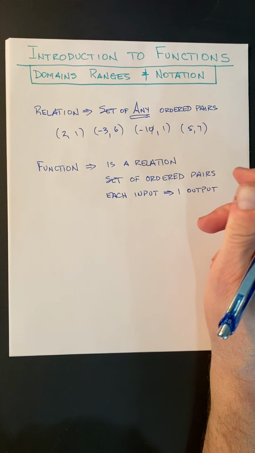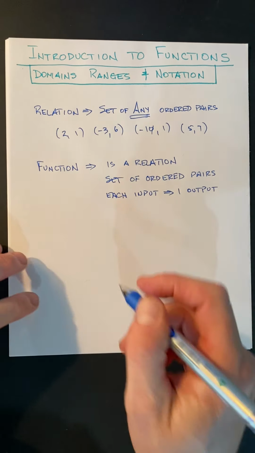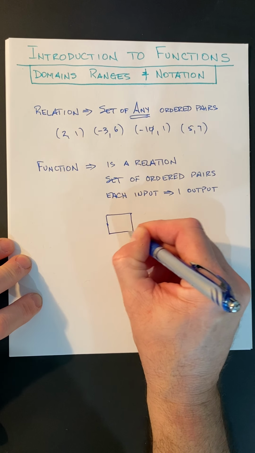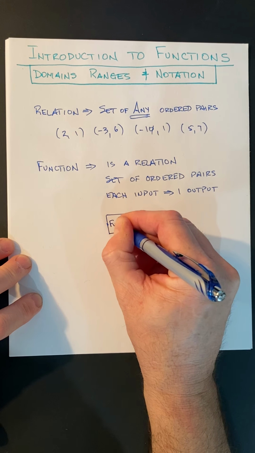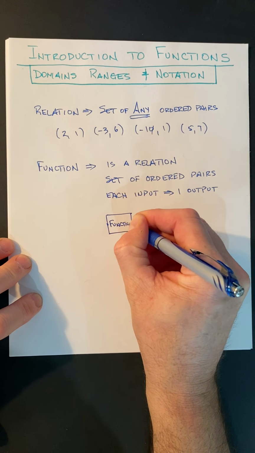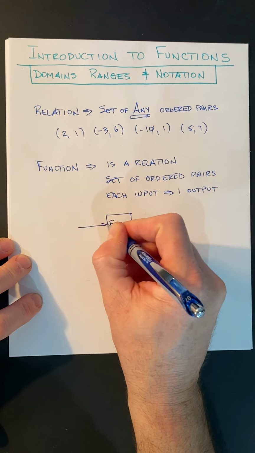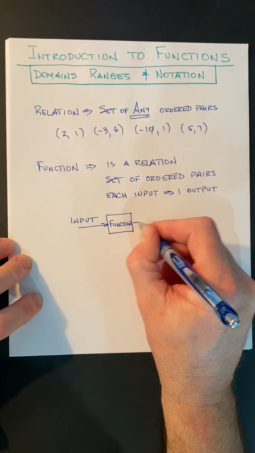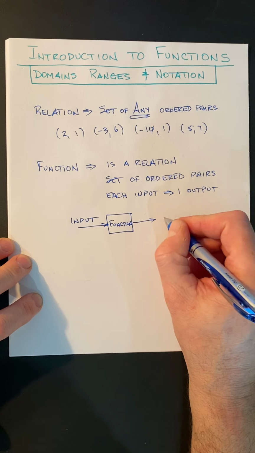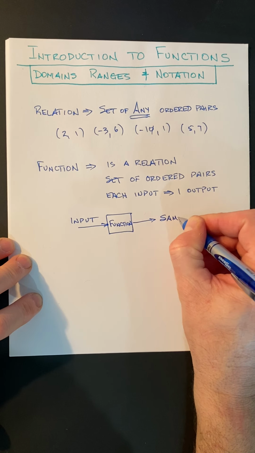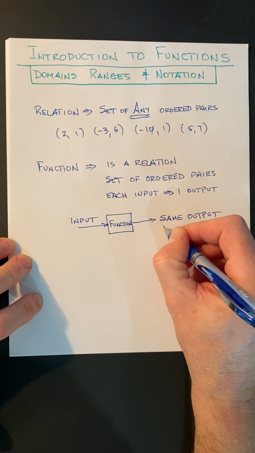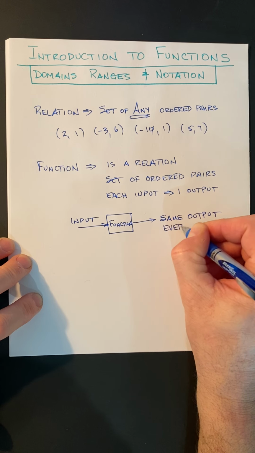So basically, when I take an input value and I put it into my function, whatever that is, here's my input, I know that what's going to come out is the same output every time, okay?